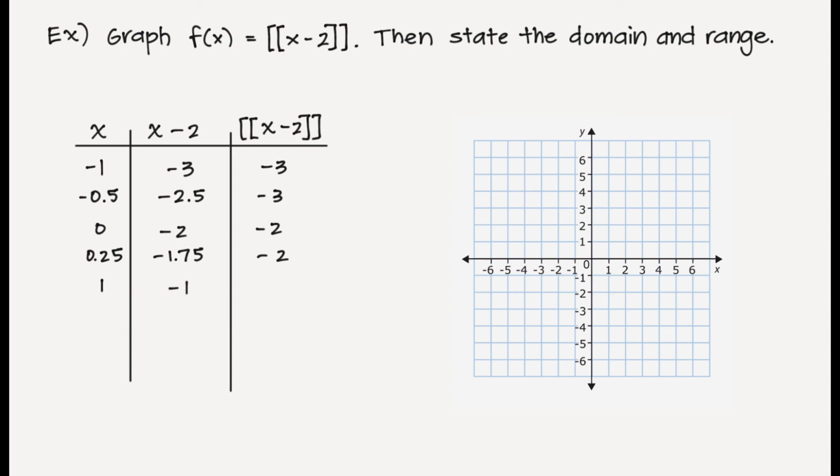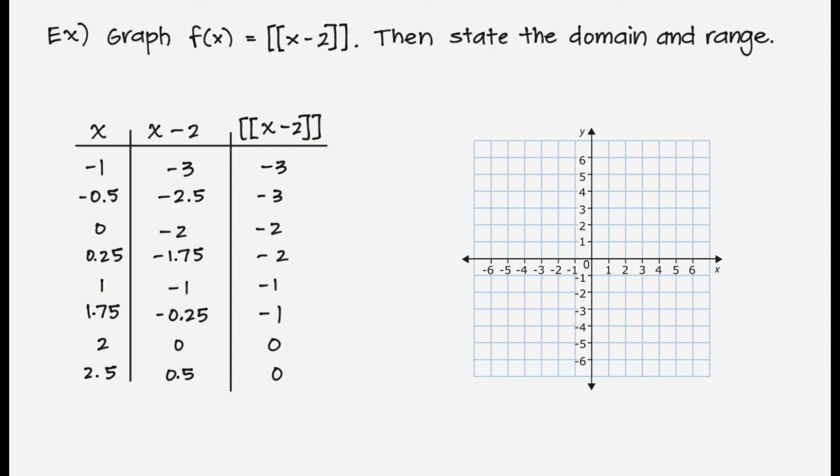When I plug in 1, 1 minus 2 is -1 across the board. 1.75 minus 2 is -0.25, and the closest integer that's less than or equal to that is -1. After that, I'm going to pick 2, and 2 minus 2 I know is 0, which is also equal to 0. And then I can pick maybe 2.5. When I subtract 2, I get 0.5, and the closest integer that's less than or equal to that is 0.